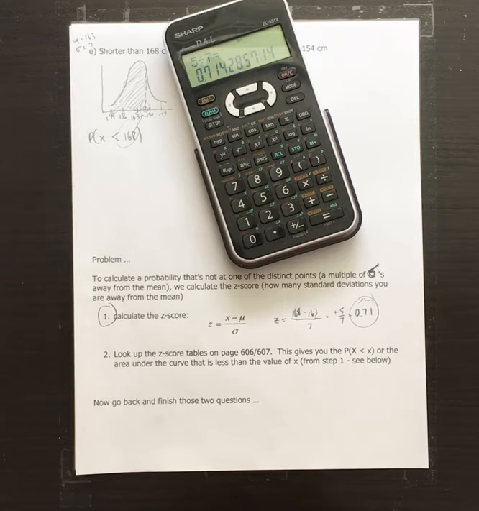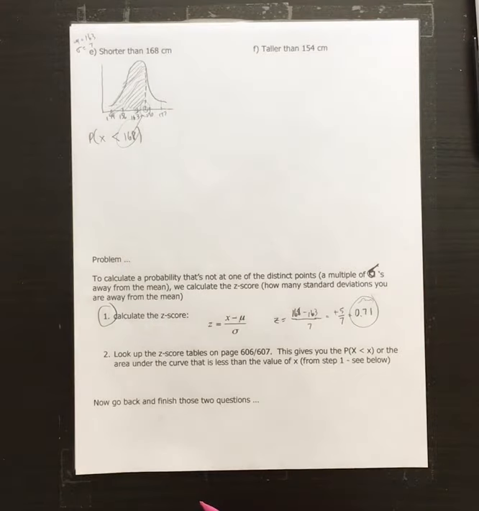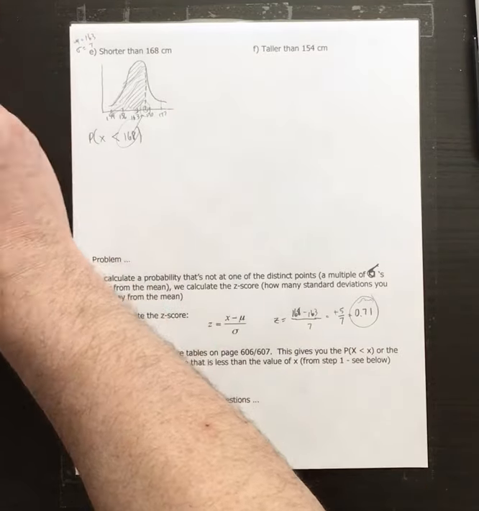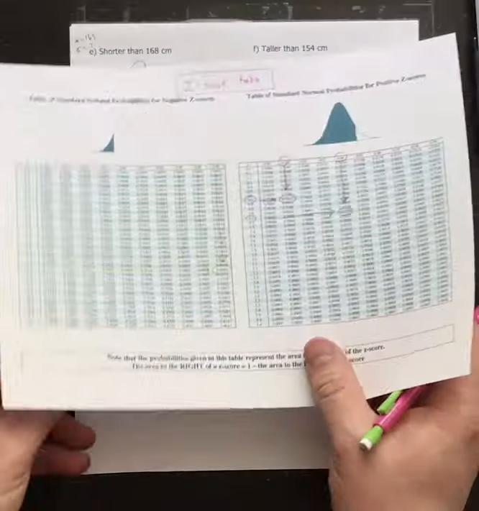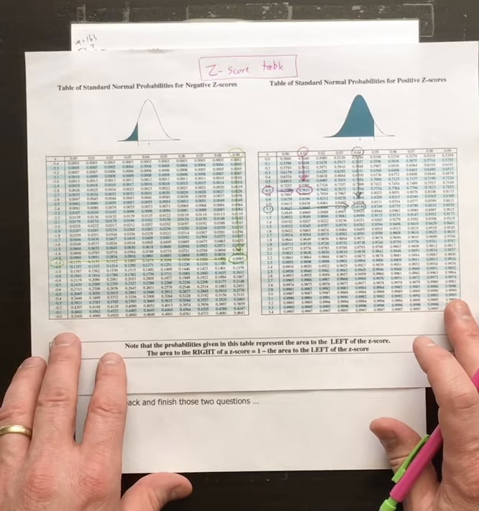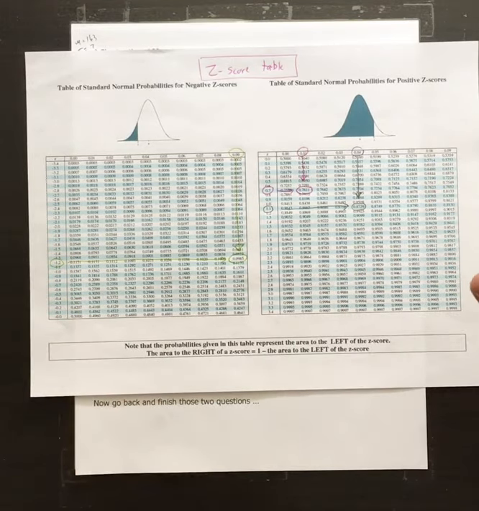Now, what we do from here is important, because the information comes from a table that looks like this. The Z-score table. I've got some written on here for your notes, so don't worry. When you see them in your notes, you'll know the Z-score table.